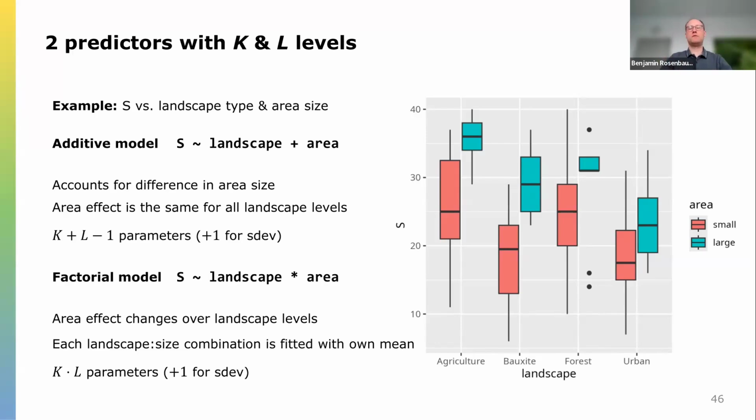Yeah, brms will by default dummy code it, but conceptually you can reparameterize it so that all the different 8 combinations get their independent mean.